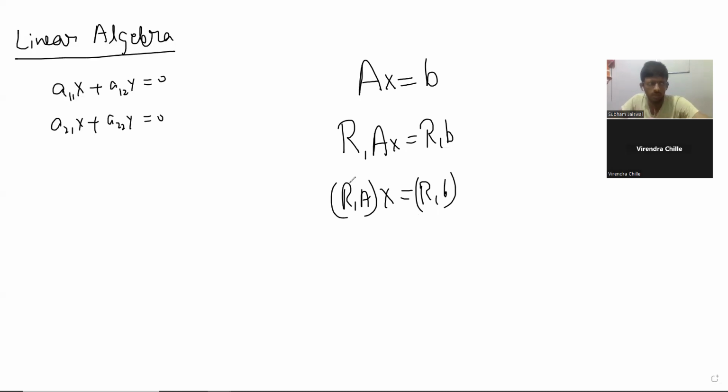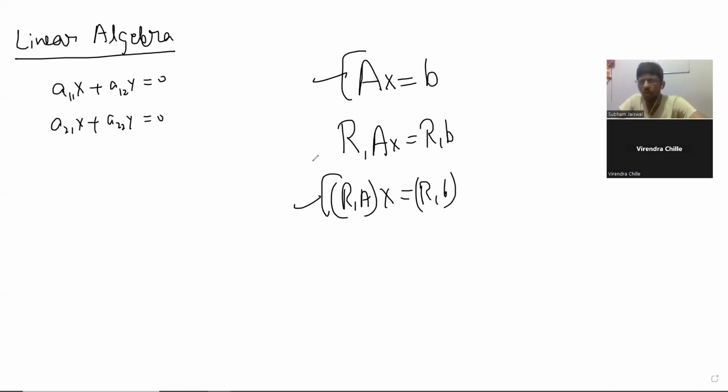Nothing changes, so these two have the same solution, and these two are called equivalent by definition. When you do a row operation, the new system you get is called equivalent. So equivalent systems have the same solutions, which everybody knows.